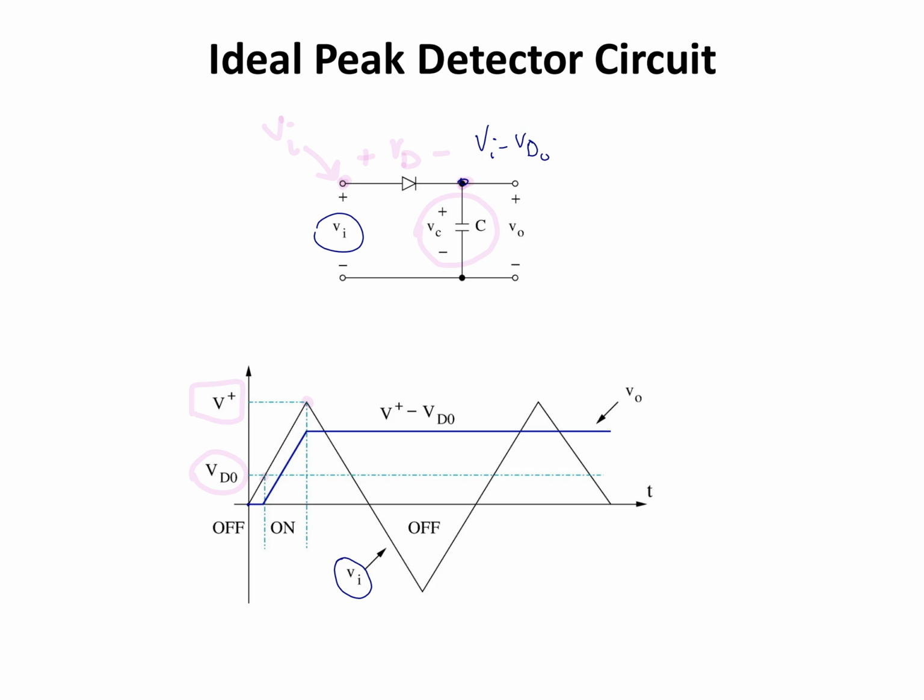But for any time point after that, because Vi is going to decrease, Vd is going to be less than Vd on. As a result, the diode is going to turn off.